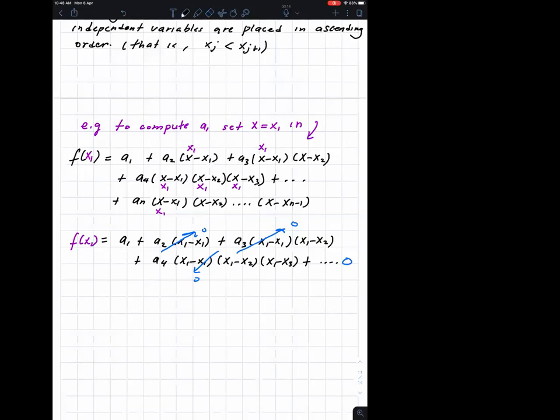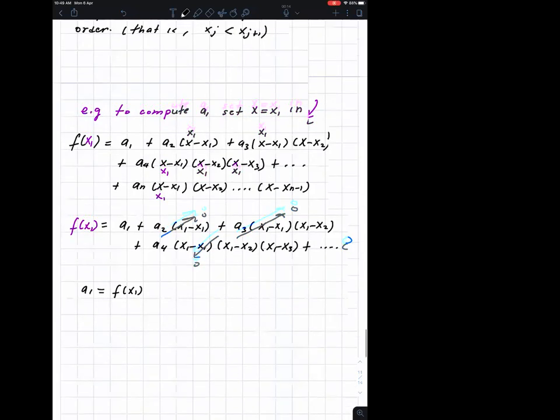So now we can say that A1 is simply fx1. So you have found the coefficient A1. Any confusion? No, sir. Is it clear? Yes, very clear, sir.